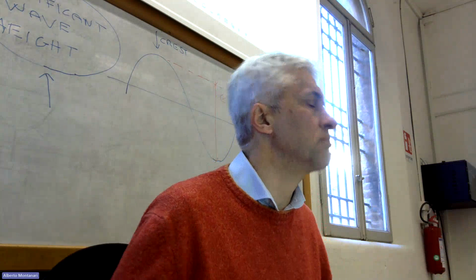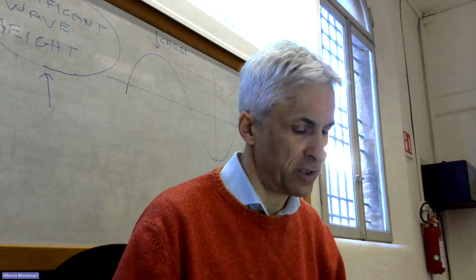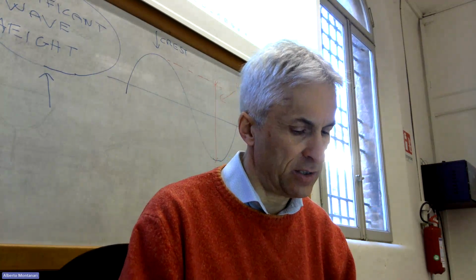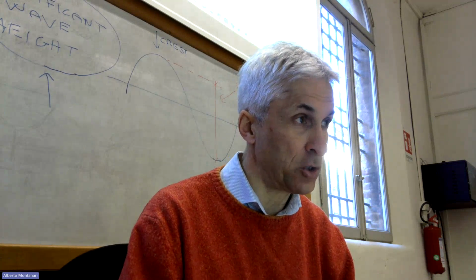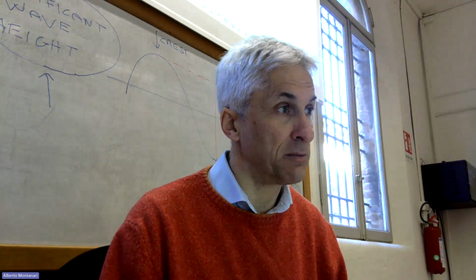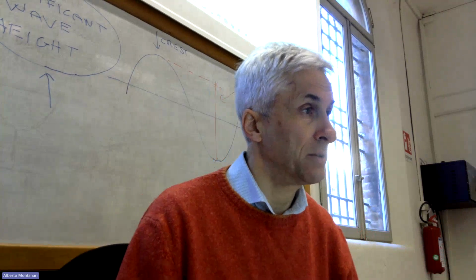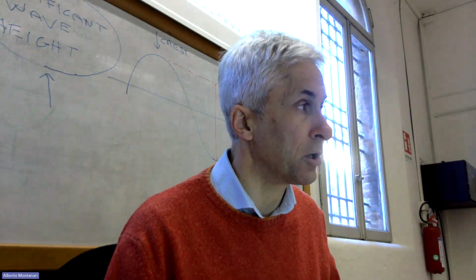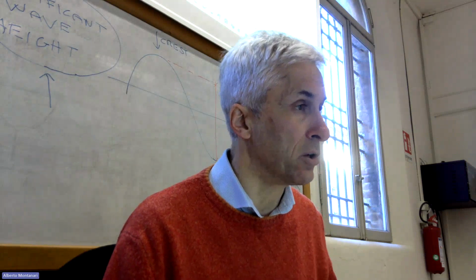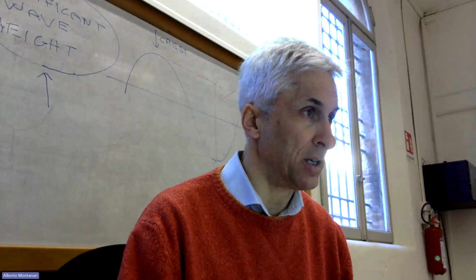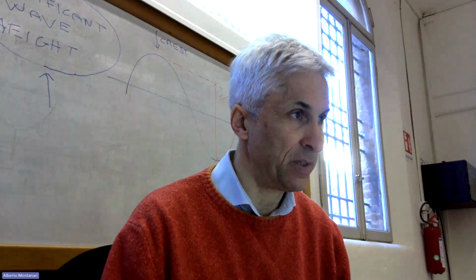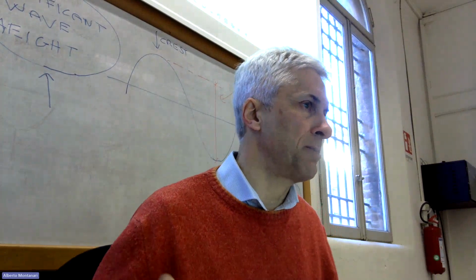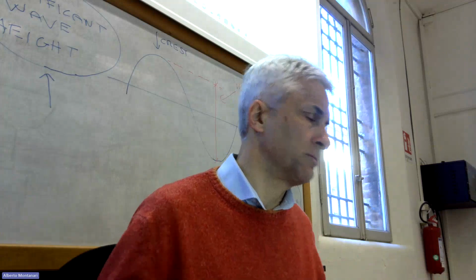So let me just generate an artificial series, and we can generate with the function for random generation from the log normal distribution, rlnorm. And let's take like 1,000 data.